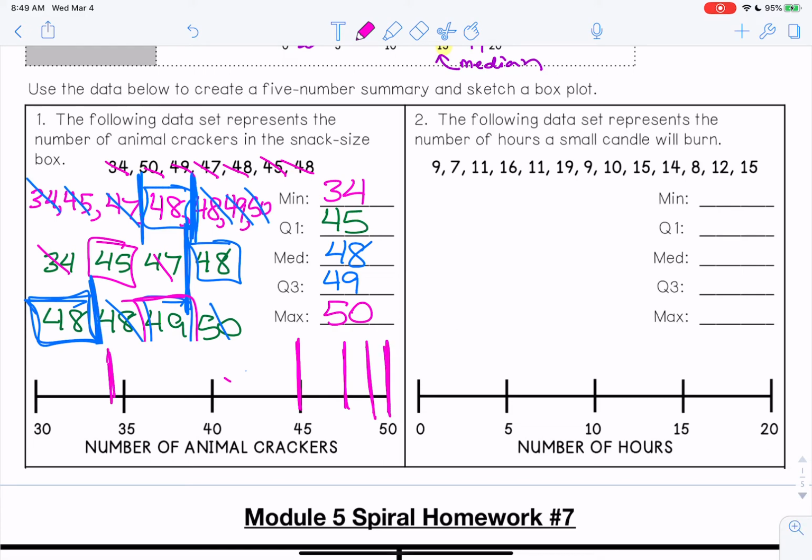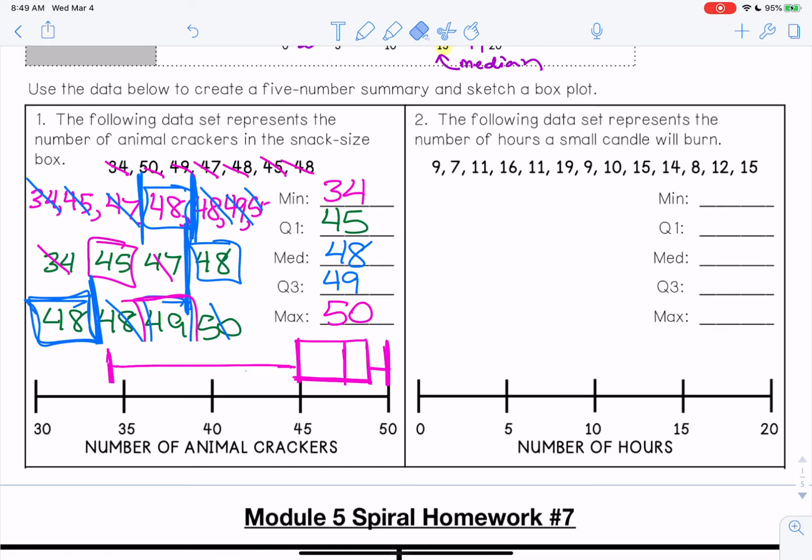Now we call these box and whisker plots because your max and your min are always whiskers, right? And then your quartile 1, median, and quartile 3, we actually connect into a box. So your box is your quartile 1 through quartile 3, right?